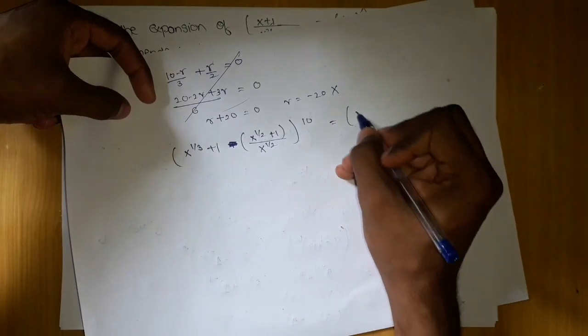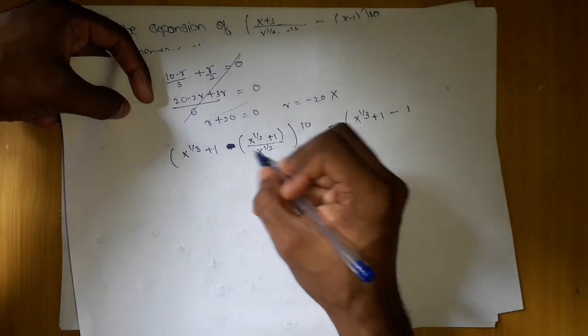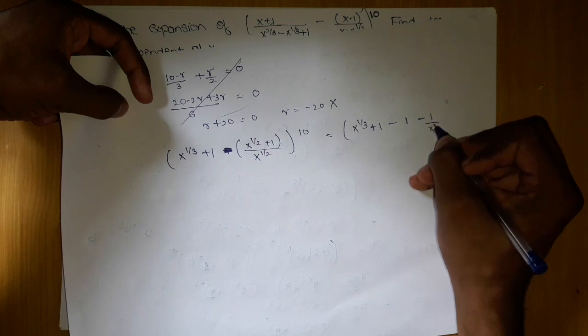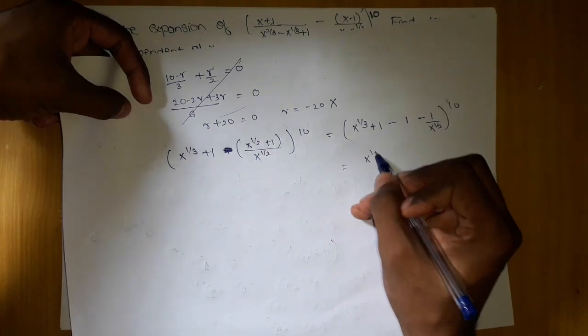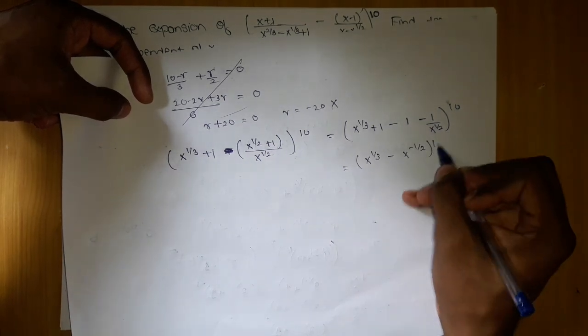So if you simplify, here you are going to have plus 1 minus 1, this will become 1 if you split it out, and minus 1 by x power 1 by 2, the whole power 10. So you can clearly see this is x power 1 by 3 minus x power minus 1 by 2. So this is your final binomial.